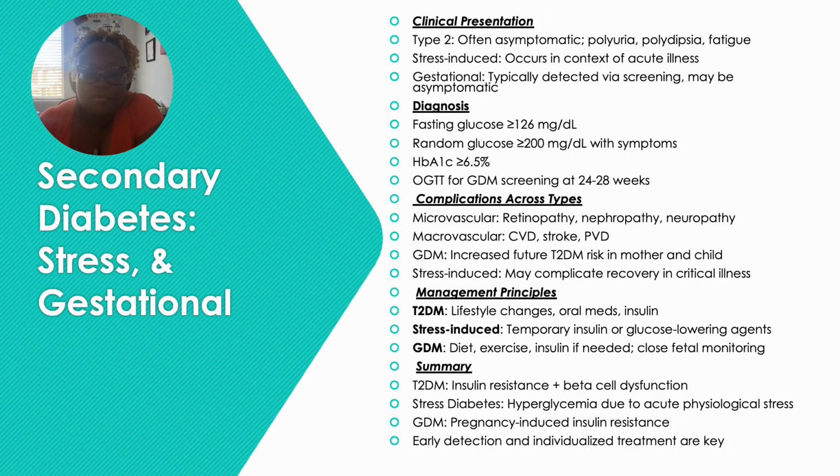Stress diabetes is hyperglycemia due to acute physiological stress, where we have patients that are possibly in the ICU or IMC. Gestational diabetes is pregnancy-induced insulin resistance. Early detection and individualized treatment are key.